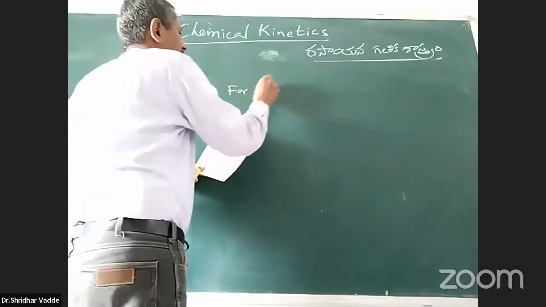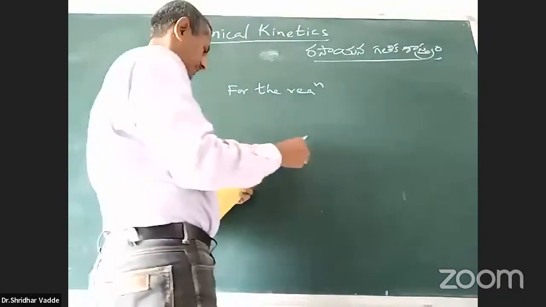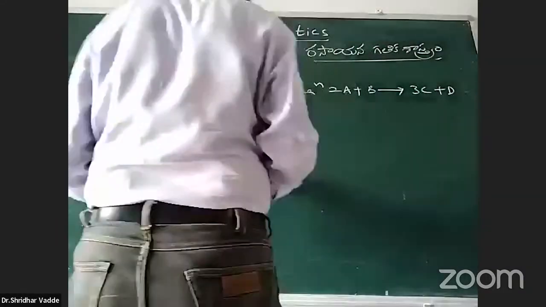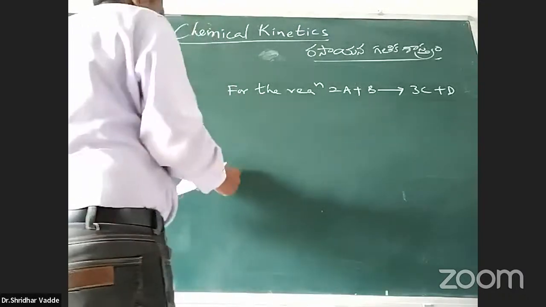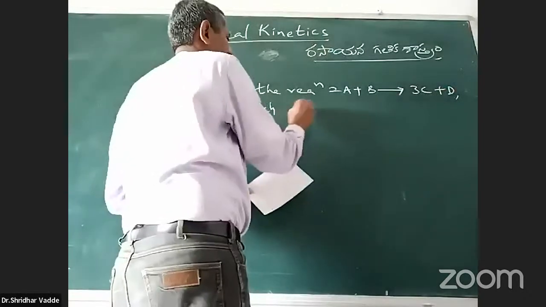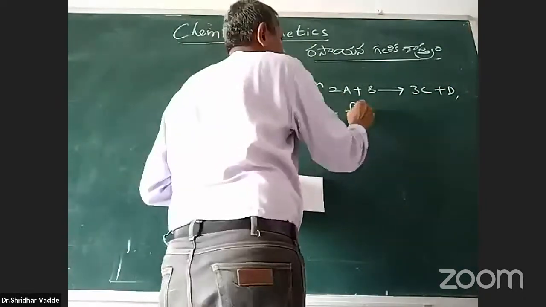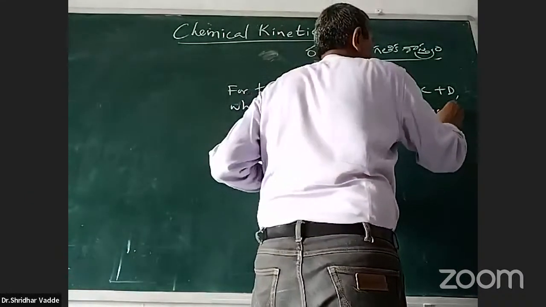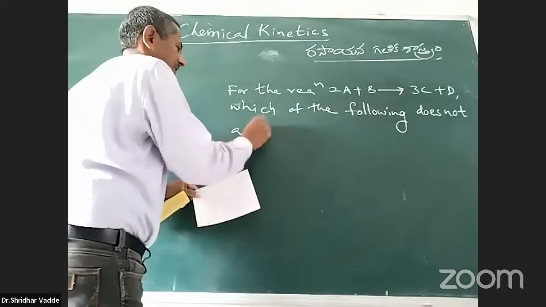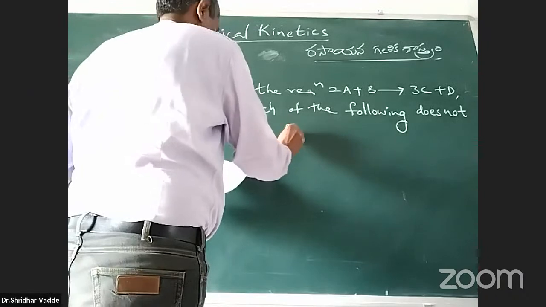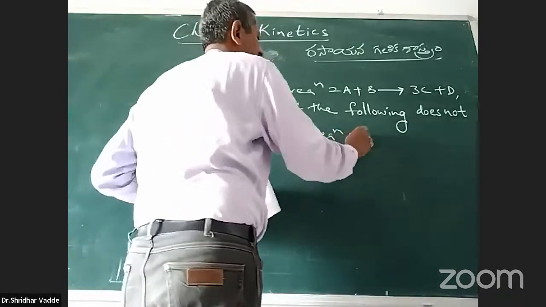For the reaction 2A plus B gives rise to 3C plus D, which of the following does not apply for the reaction rate?